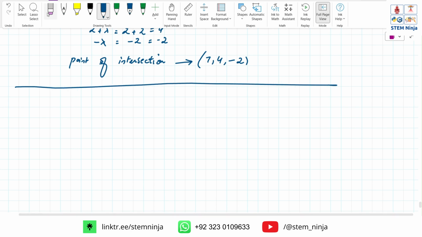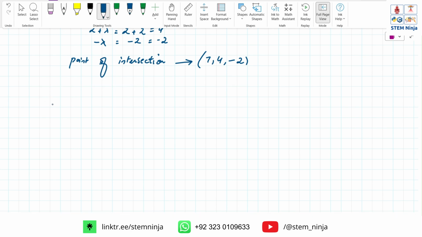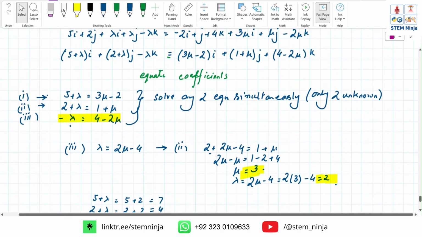This is the same part. So first off, we need an expression for AB, and we need an expression for BD. So AB is OB minus OA, straightforward. So OB is 5I plus 2J, minus OA, which is minus 2I plus J plus 4K.